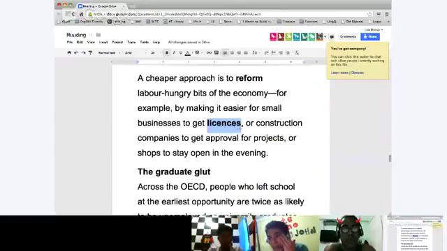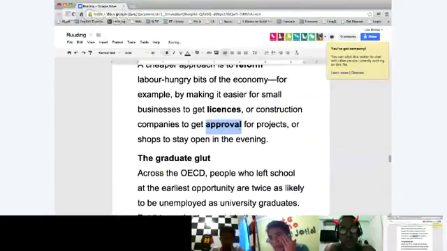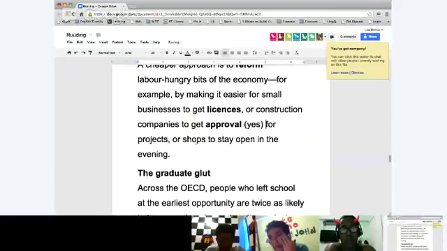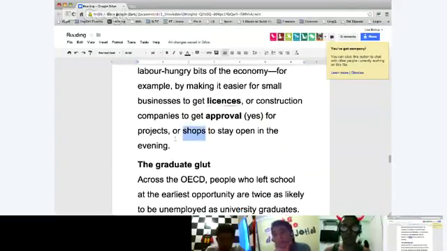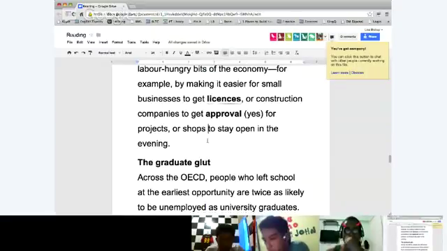So maybe you can make it easier for them and to get approval to get something like a project. And sometimes in some countries, the shops, they cannot stay open very late. So maybe that's another place where people could stay open later and then people can have jobs.